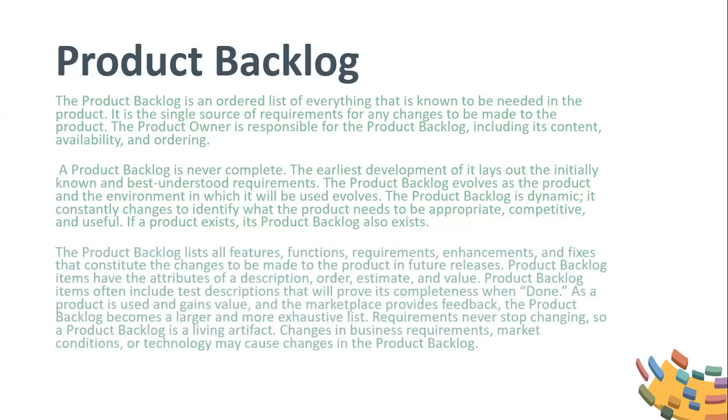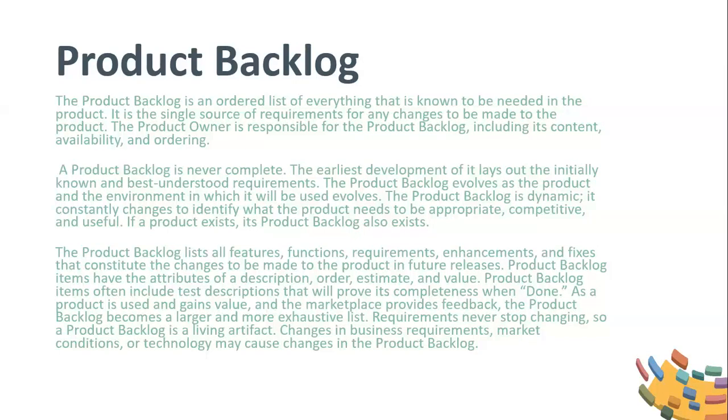The product backlog lists all features, functions, requirements, enhancements, and fixes that constitute the changes to be made to the product in future releases. The product backlog items have the attributes of a description, order, estimate, and value. Product backlog items often include test descriptions that will prove its completeness when done.